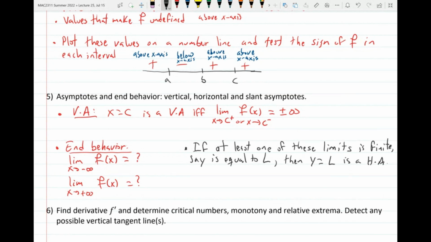That's how you find horizontal asymptotes. You just look at the end behavior, and if it turns out that one of these limits gives you a number, then you have yourself a horizontal asymptote.